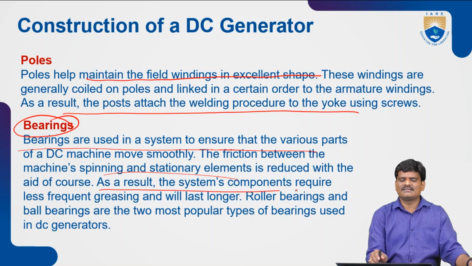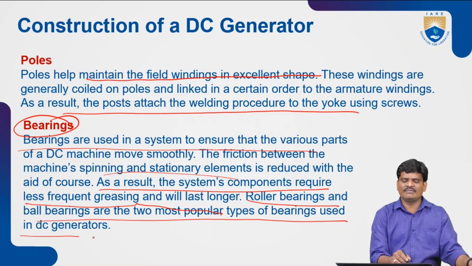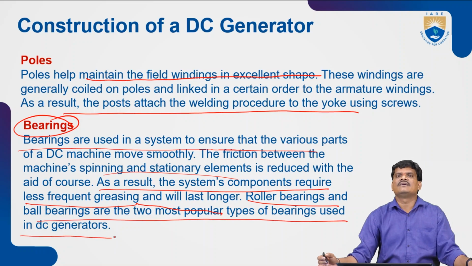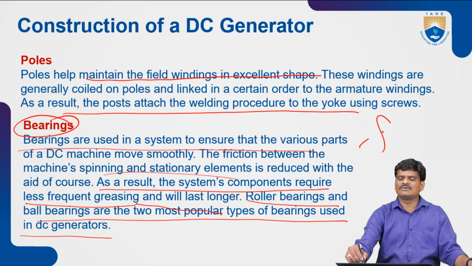As a result, the system components require less frequent greasing, which lasts longer. Roller bearings and ball bearings are the two most popular types of bearings used in a DC generator. So bearings are mainly used to reduce the frictional error in a machine.